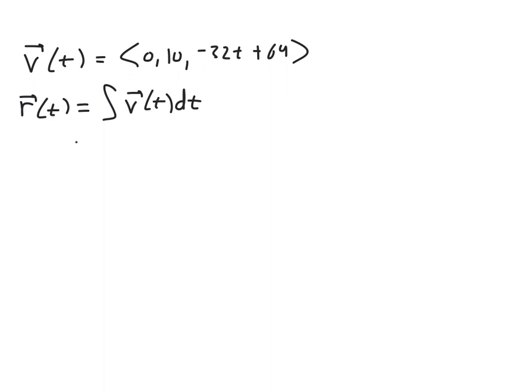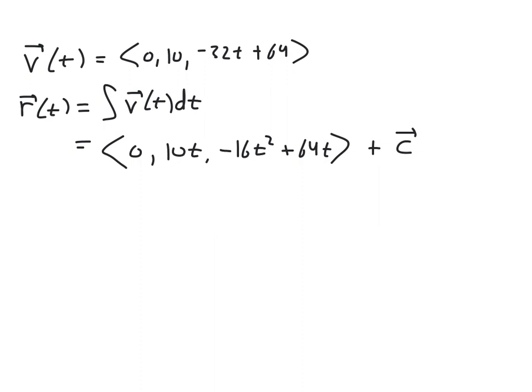In order to find this, we find an antiderivative of each of the components of this vector v. So 0, 10t, and then here we will get negative 16t squared plus 64t, and then we will add on a constant vector at the end. So that will account for the plus c that should be in each of these components. We'll just gather all of those at the end.